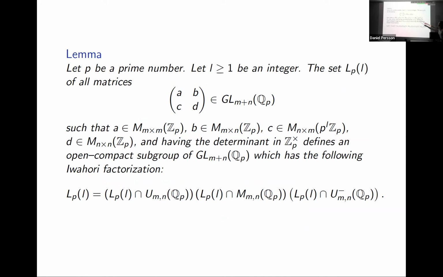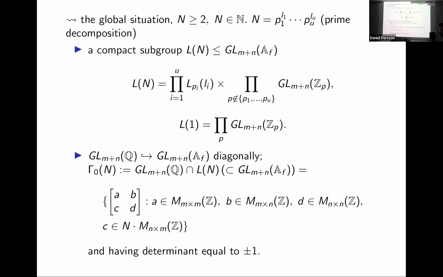So it is a kind of parahoric subgroup here. And the determinant is an integer of module 1. And all these matrices form an open compact subgroup, and what is important, it has an Iwahori factorization. Okay, this is for some place p, we define this open compact subgroup. And then we look at the global situation.